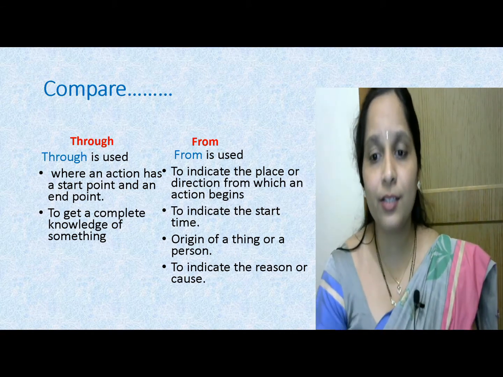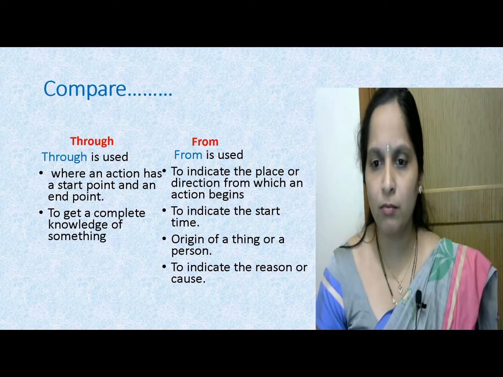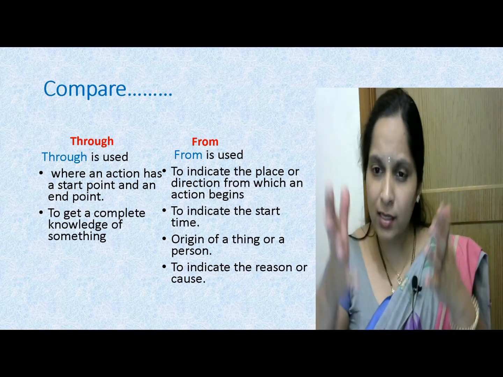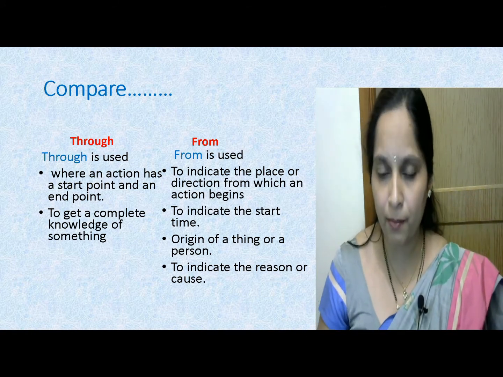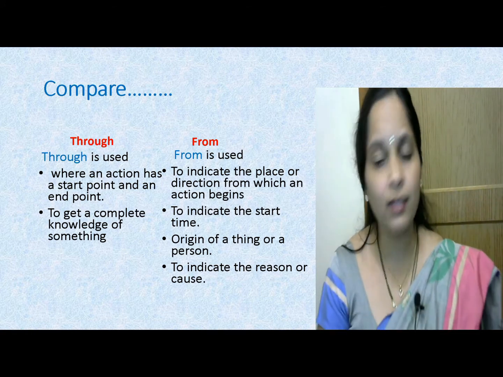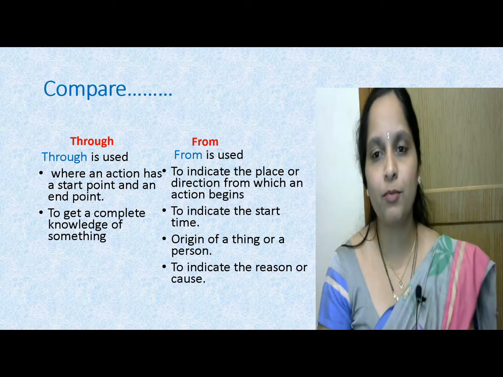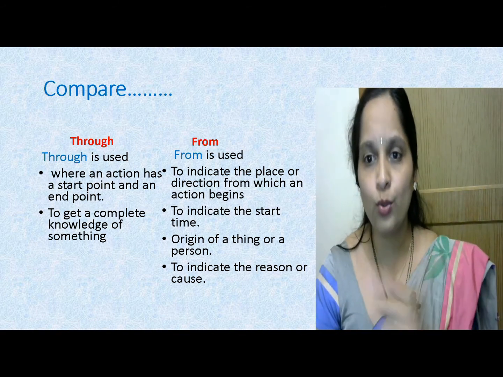To indicate the reason or a cause: that person is suffering from a fatal disease. That is again from. So like this, again I say there are n number of usages, guys, of from or any preposition for that matter. I'm not going into detail because whatever is relevant, I'm trying to explain here. Hope I'm clear, everybody. Through and from for you.